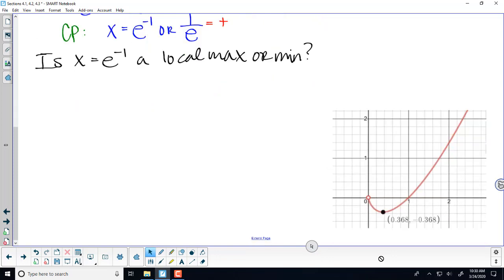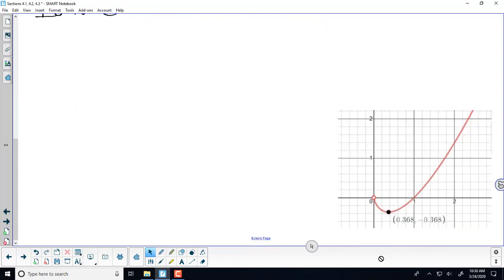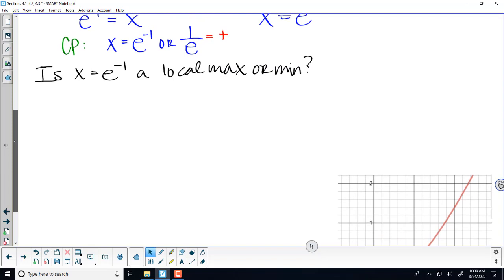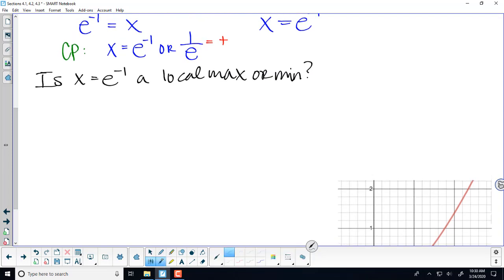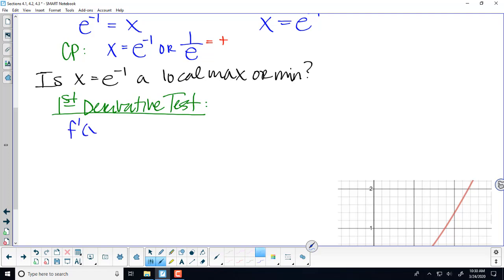Oh, well, we'll see. Okay, so we can do the first derivative test, which requires our first derivative, which was natural log of x plus 1.